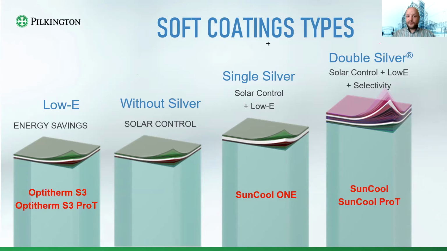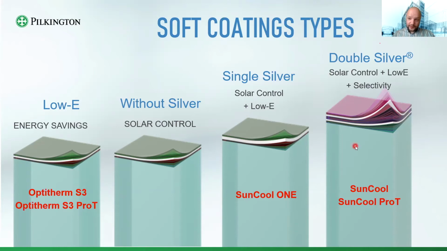So first, low E, just for U value. Then soft coatings for solar control. Pilkington doesn't produce any of that type of soft coatings. We are using hard coated glass for just solar control properties. So I won't put any names here, sorry. And then our top products are either single silver or double silver coatings.